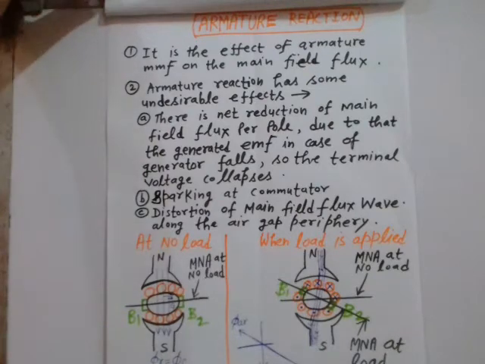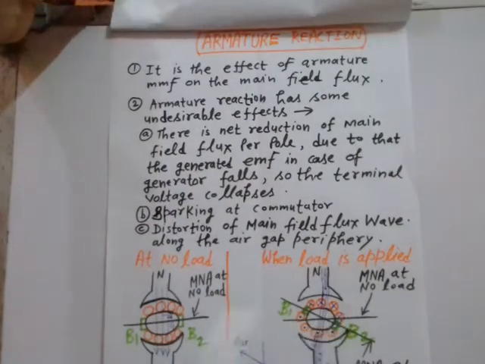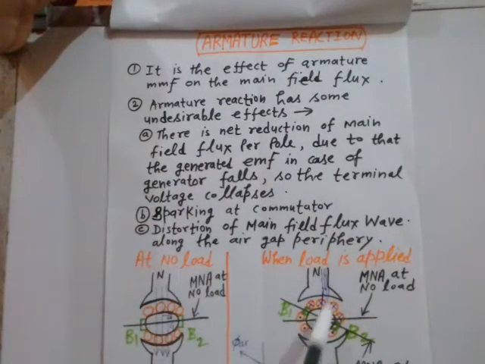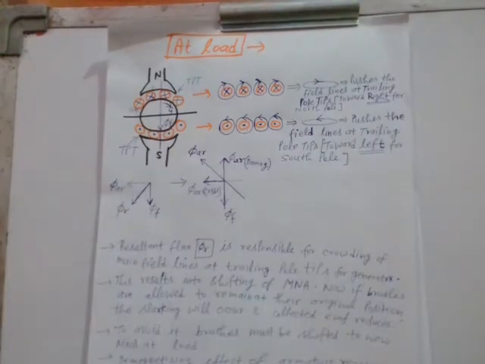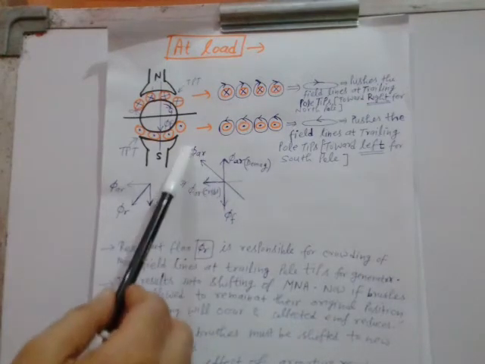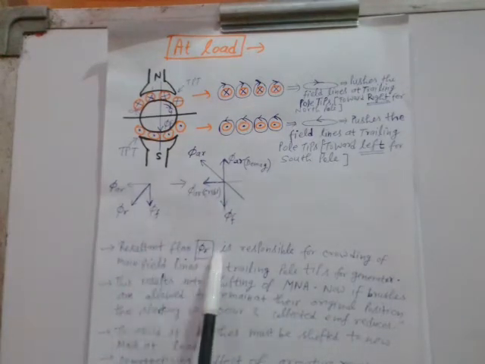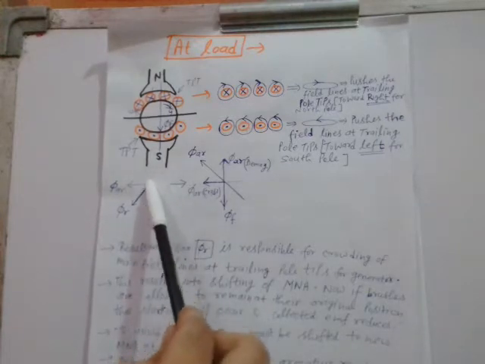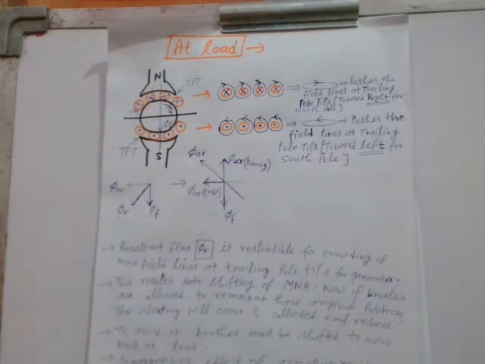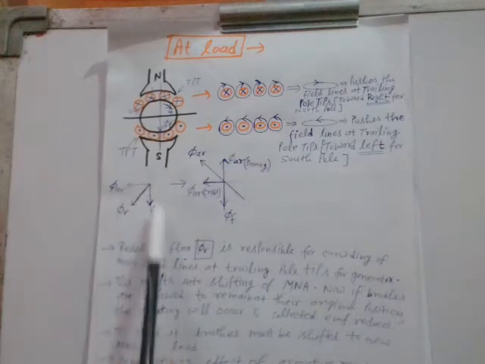I have explained that these field lines, due to the effect of armature reaction, will be distorted and will not remain straight. In the loaded condition the resultant flux will be like this, because now there are two fluxes in the machine, field flux and armature flux.